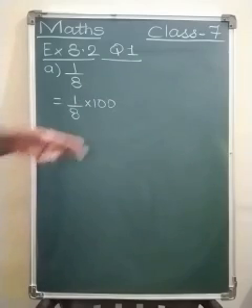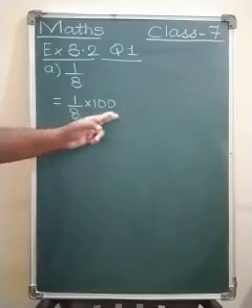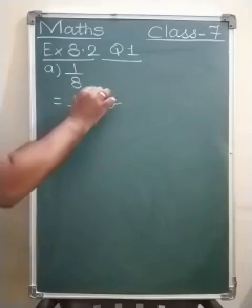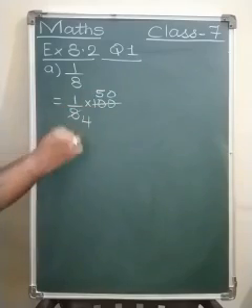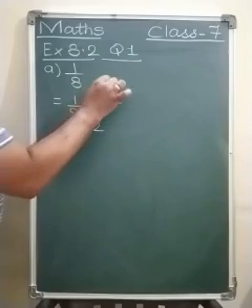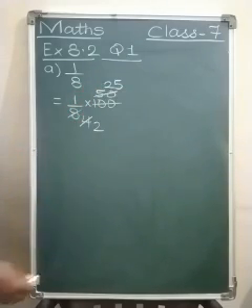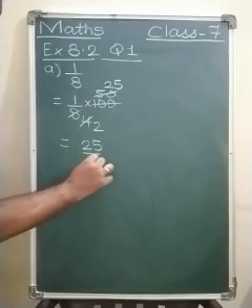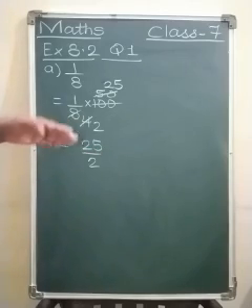So here we can see that the common factors are there. 2 is a common factor, 2 4s are 8. 50 is again a common factor, 2 2s are 4, 2 25s are 50. So we get the answer as 25 upon 2. That means half of 25.